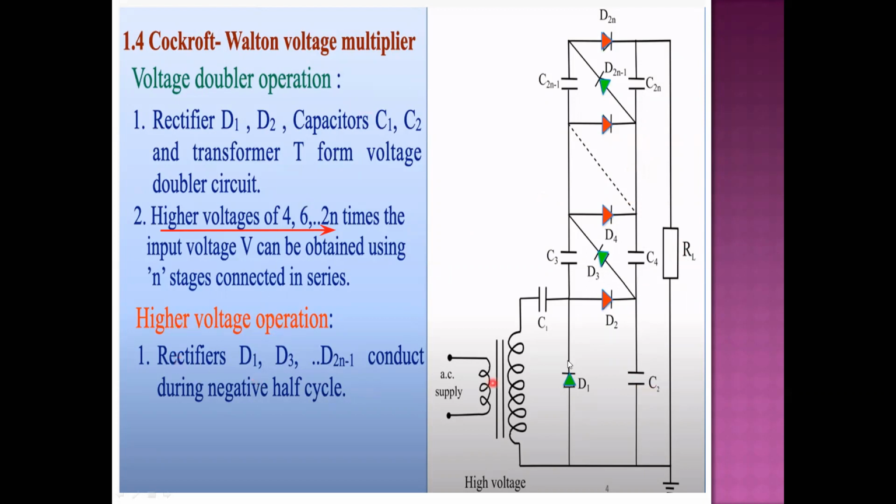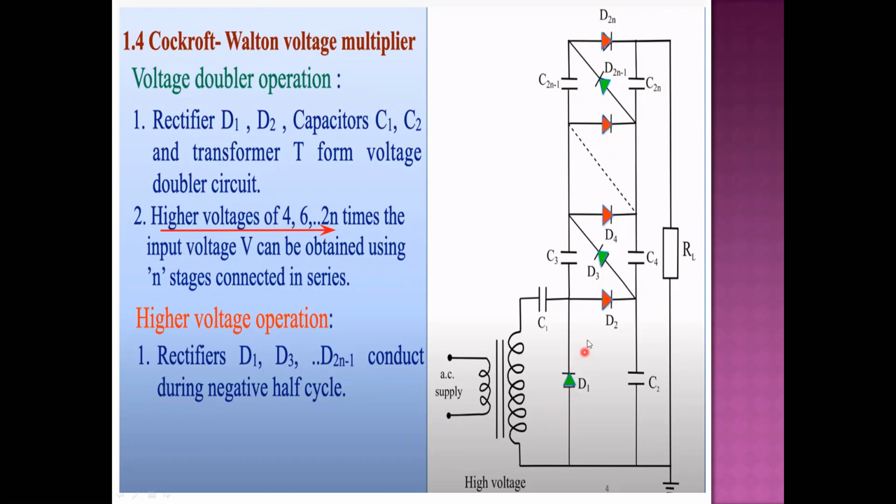During the negative half cycle, in the voltage doubler circuit only D1 is conducting; D2 is reverse biased. Up to here, this is one voltage doubler circuit. If you are connecting a number of voltage doubler circuits, then D1, D3, up to D2N minus 1 diodes are forward biased, and the remaining diodes are reverse biased. Understood?